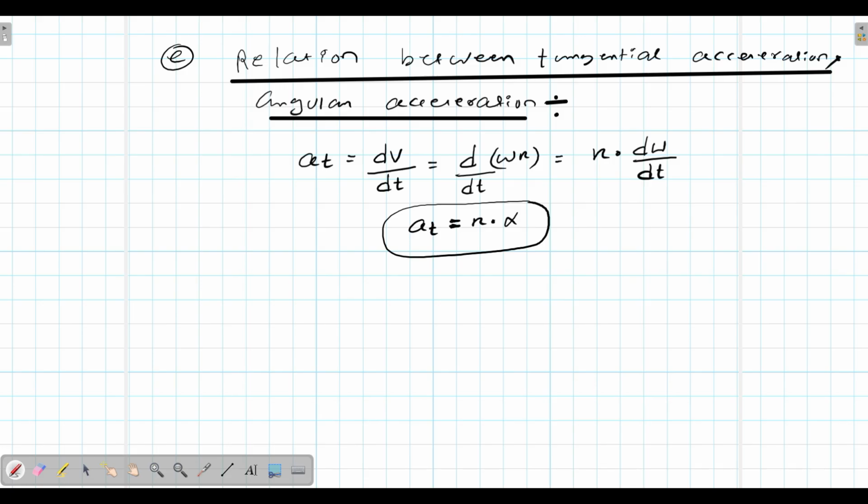So this is 0 for uniform motion, and R alpha for non-uniform motion.